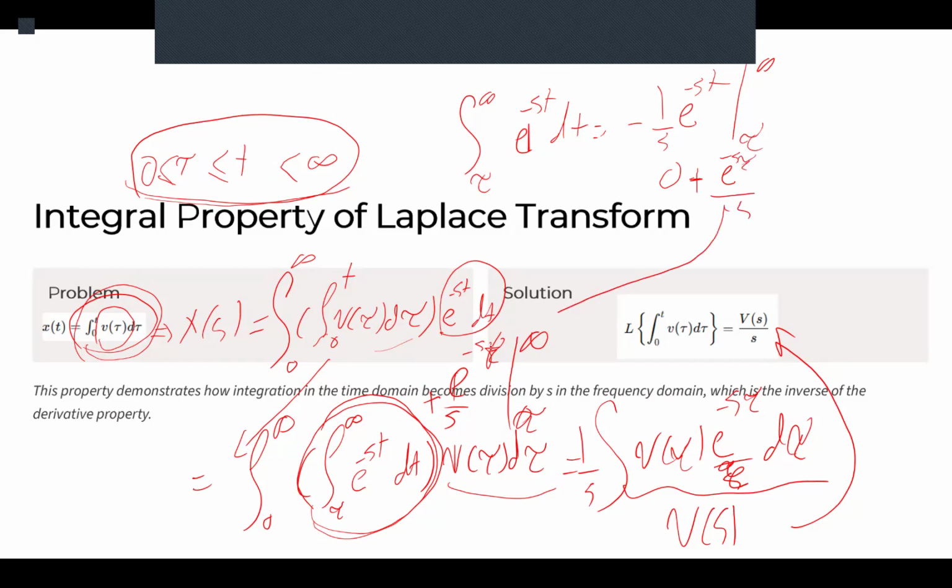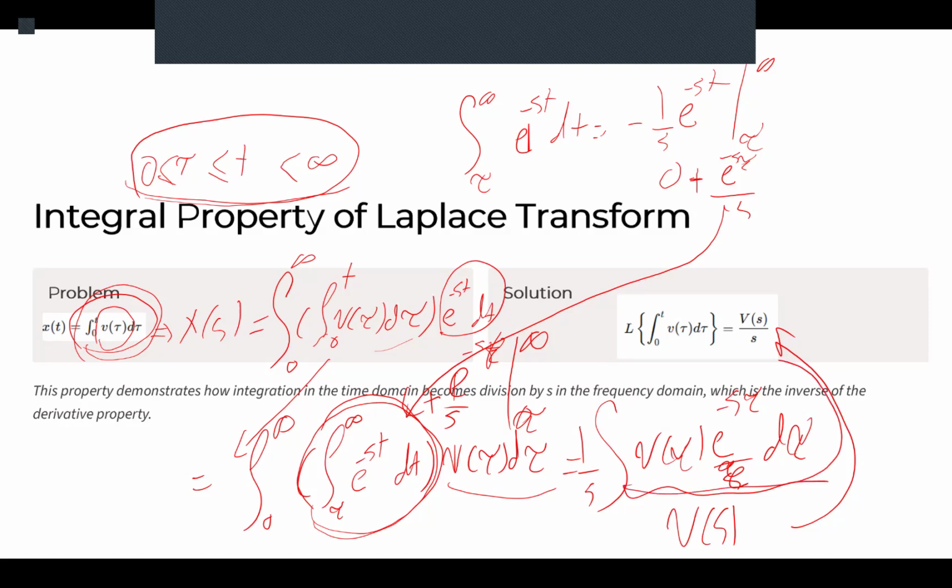Now we replace this one here. So we have an integral of e to the power of minus s tau over s times v tau d tau. This s doesn't rely on tau, so we can bring it out of the integral: 1 over s integral of v tau e to the power of minus s tau d tau.